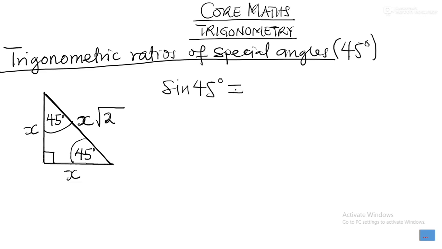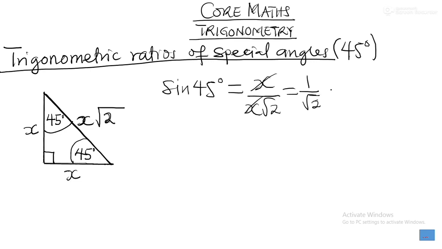So sine 45 degrees, we know sine is opposite over hypotenuse. So you can pick any of the sides because they have the same value. So opposite will be x, then the hypotenuse is x root 2. So this will cancel this. We are having 1 over root 2.